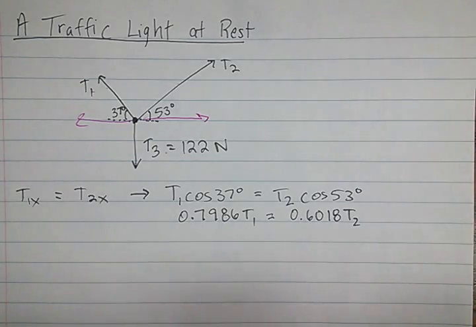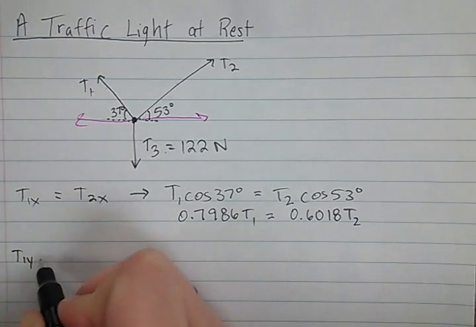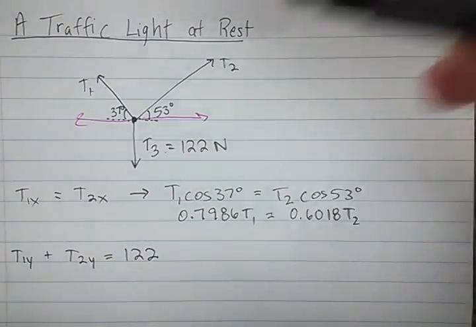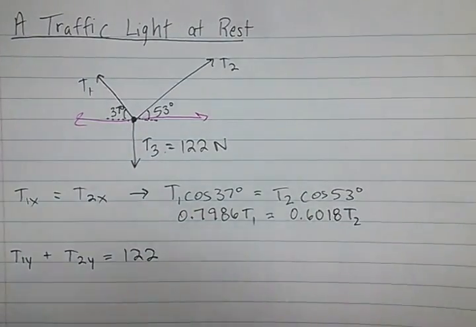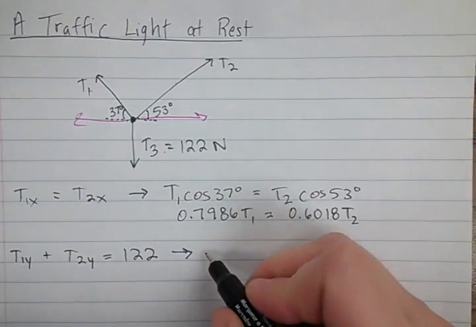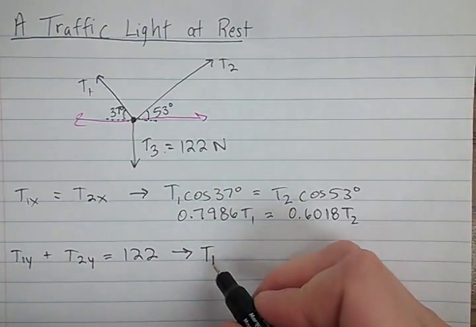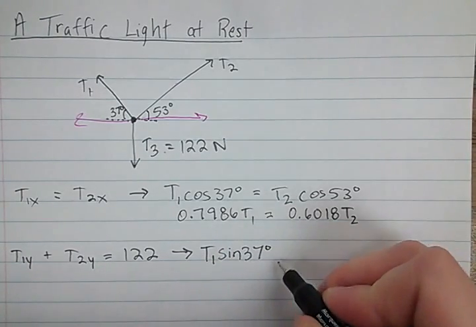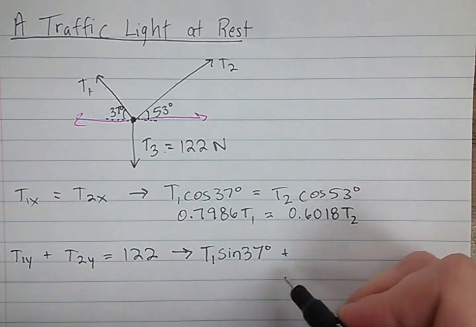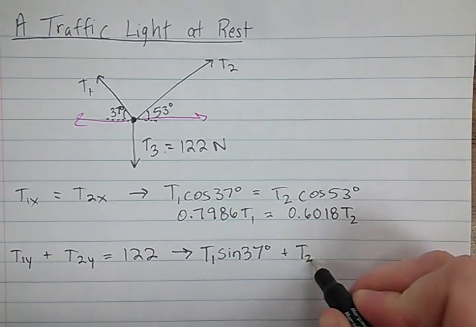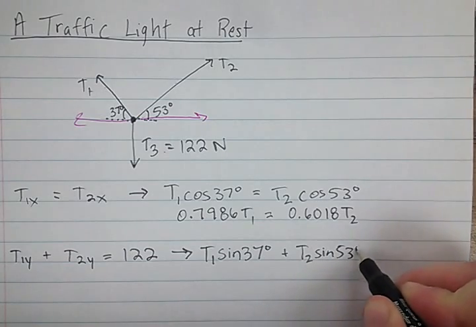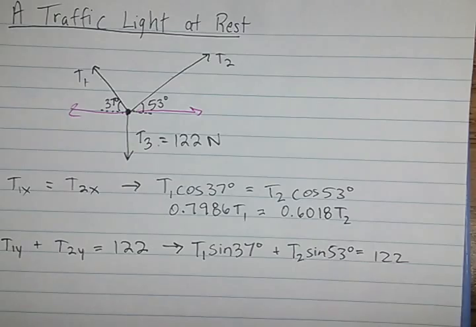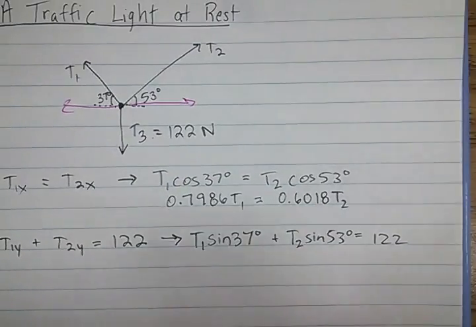All right, we also know that T1y plus T2y has to equal 122 in order for the traffic light to not fall down. And we can translate that to T1 times the sine of 37 degrees plus T2 times the sine of 53 degrees, and that is all equal to 122. Again, you always want to put in numbers so you make fewer algebra mistakes.